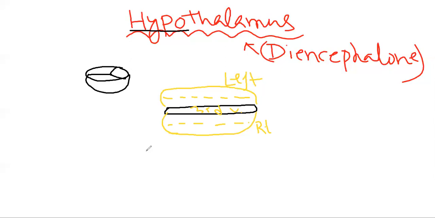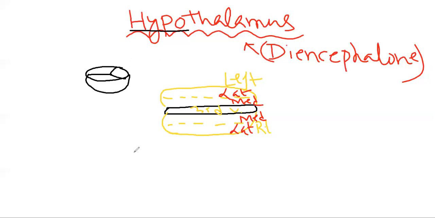Now which one is lateral and which one is medial, how can we understand? The side just next to the third ventricle will be the medial side. So this is the medial side of the one-sided hypothalamus, and it is also the medial side of the other-sided hypothalamus. Away from the third ventricle is the lateral side of each hypothalamus.